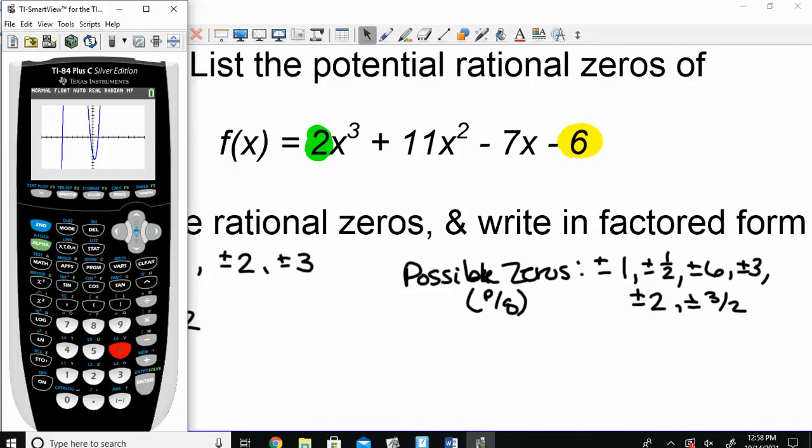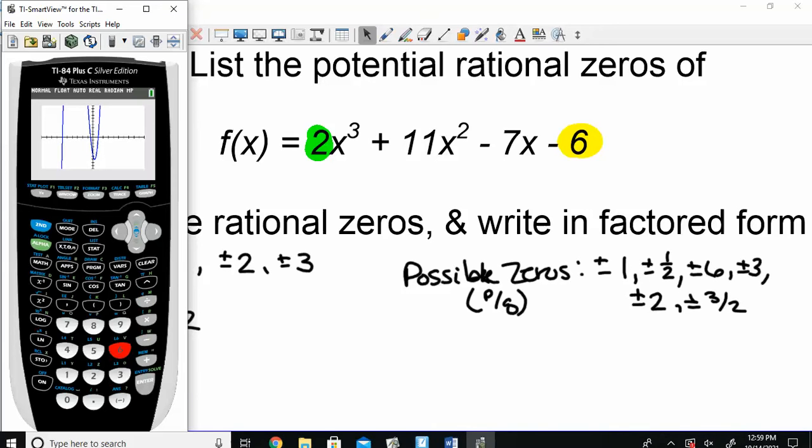I'm giving you guys nice numbers where the zeros are going to be fairly obvious from the graph, but that is not the case on every possible problem. So we're picking some nice ones to start with, but I still expect work. If I gave you a problem like this, it's like a 12-point question. If all you do is write down a final answer, you just lost 11 out of those 12 points. So I want work on these.